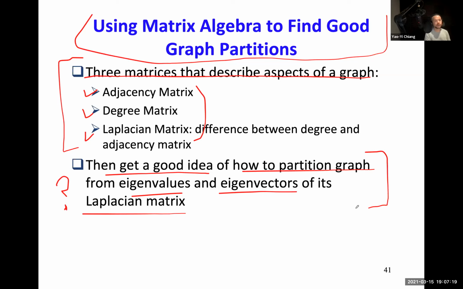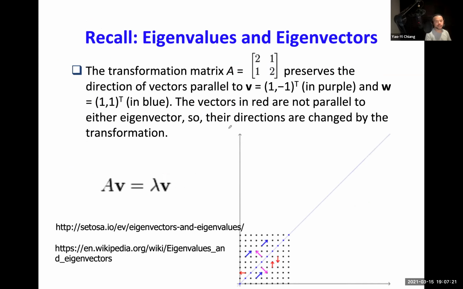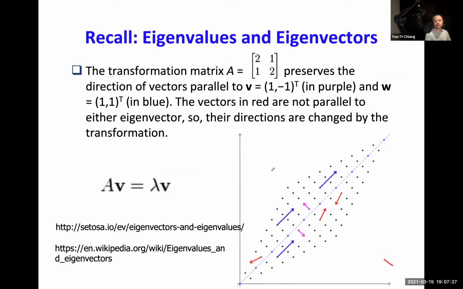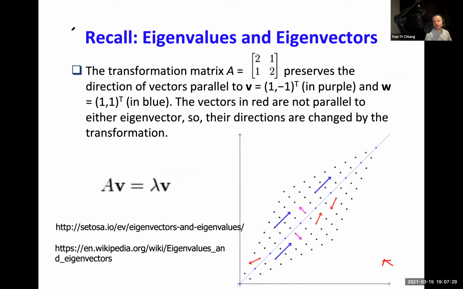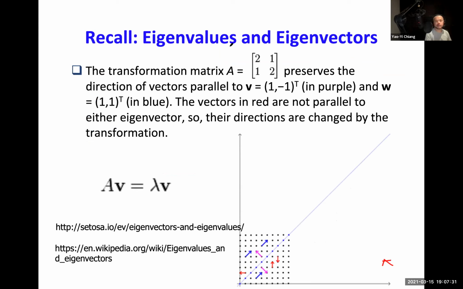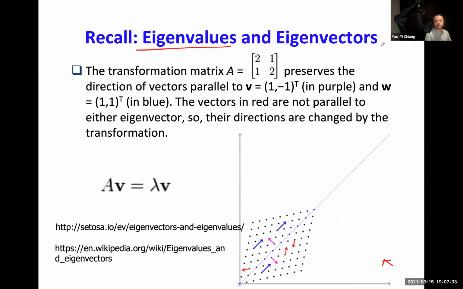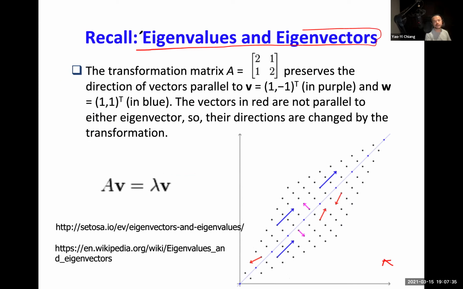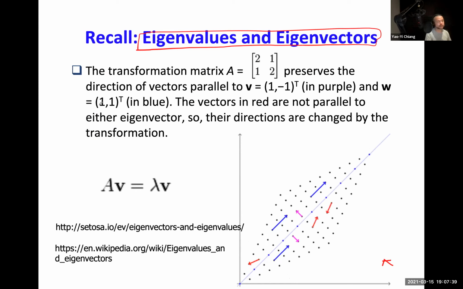Before that, we want to look at eigenvalues and eigenvectors. Remember when you first came to the class? Oh yeah, this moves. Very cool, right? When you first came to this class, I told you that this is probably the most advanced math that you would use in this course. That's eigenvalues and eigenvectors.